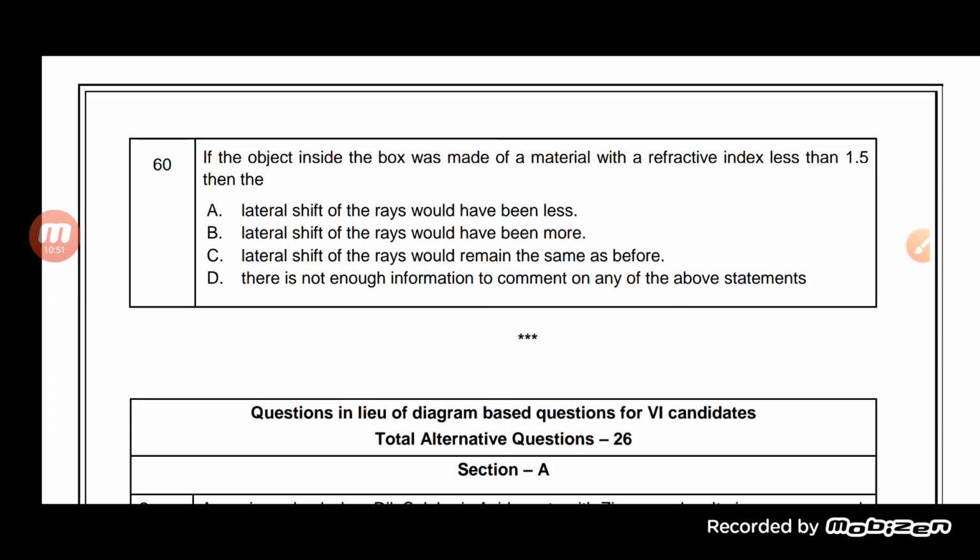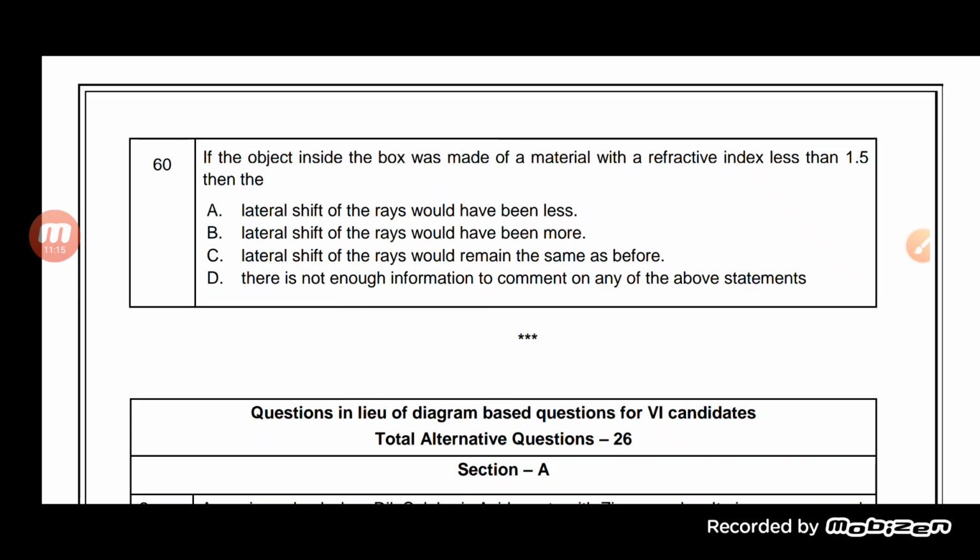Actually, if the object inside the box was made of a material whose refractive index is less than 1.5, the lateral shifting will be less only. Why is it so? If the refractive index is more, it means the density will be high, and ultimately the speed of the light will vary a lot.